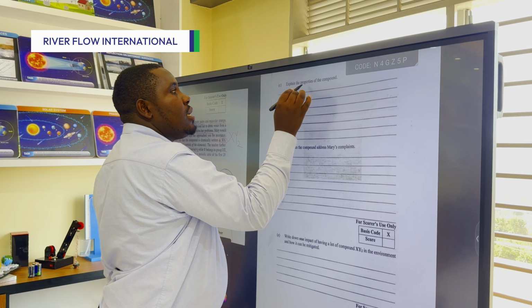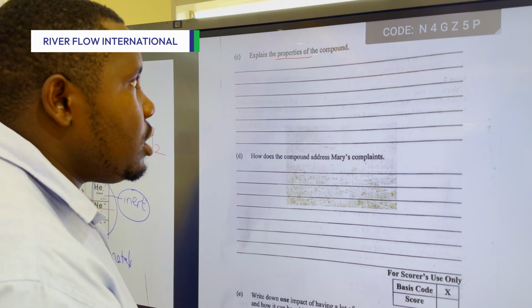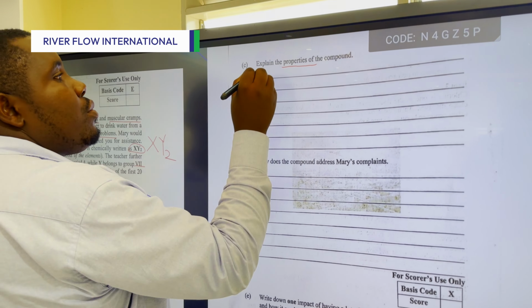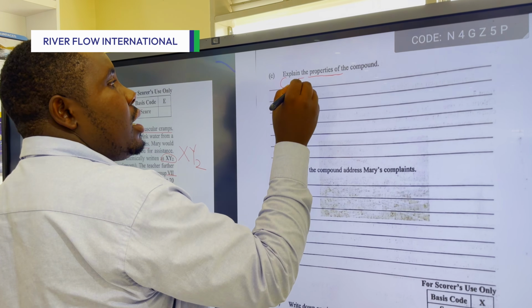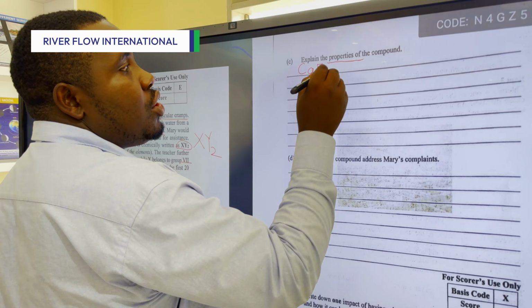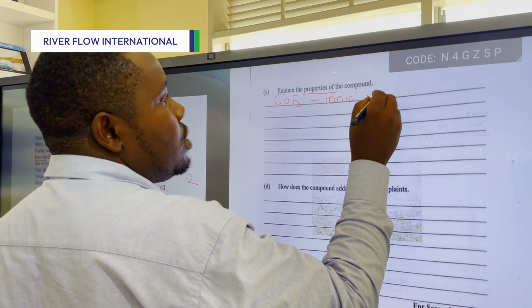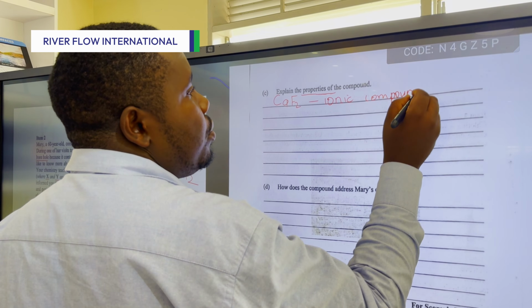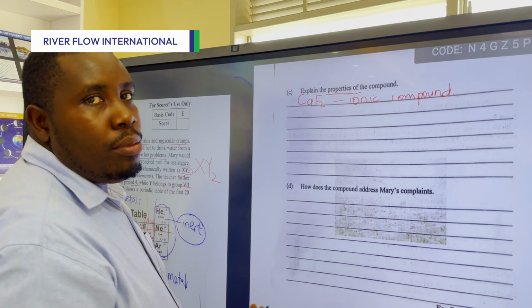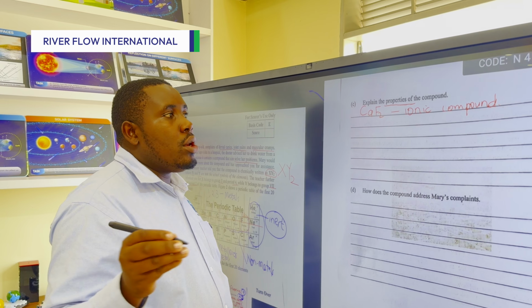On part C, they want us to talk about the properties of the compound formed. Remember, the compound that we formed on the other side was calcium fluoride, which we said was an ionic compound. So now, basically they want you to explain or describe the properties of ionic compounds.